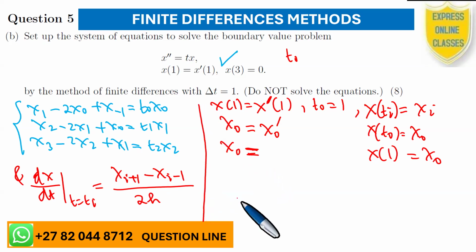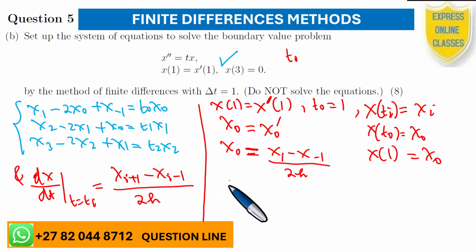So now let us examine this here. So this one, according to this, if you put 0 in the place of i, it's going to be exactly x1 minus x sub minus 1 divided by 2h. Like that.